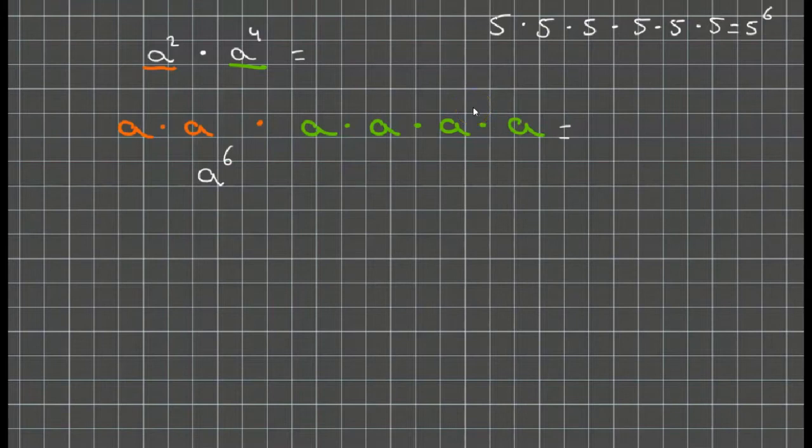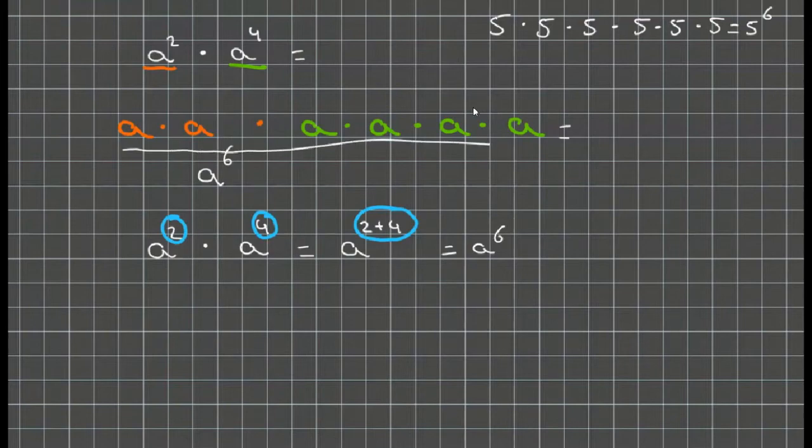Now there's a rule hidden in this. If I have a to the power 2 times a to the power 4, it's actually the same as saying a to the power 2 plus 4. I actually add the two exponents together, which gives me a to the power 6, because we've seen it happen here.